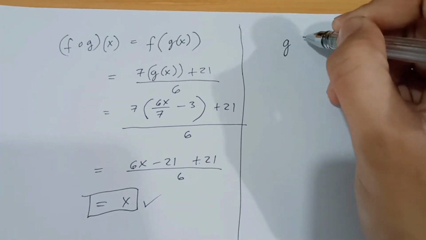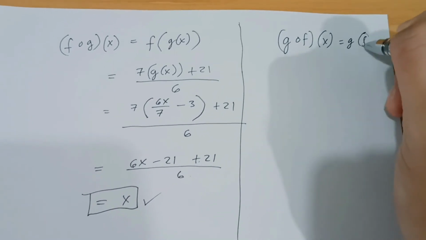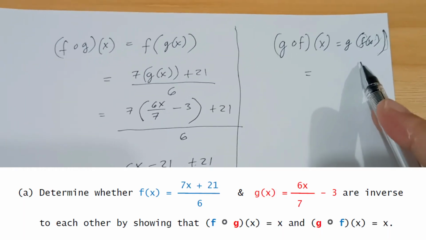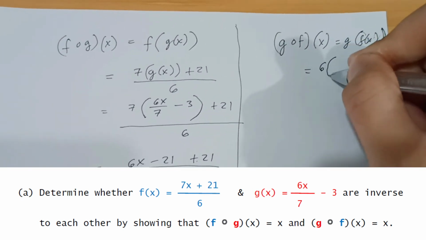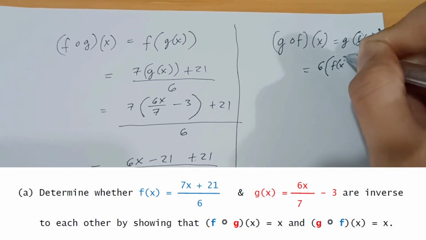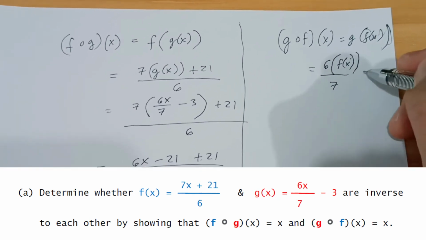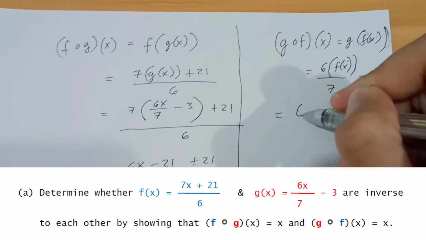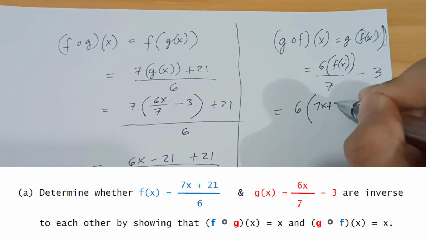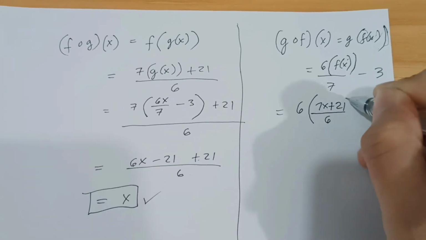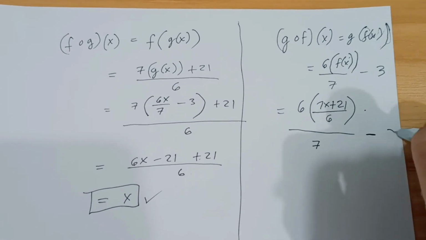Last naman is yung g circle f of x, equal siya sa g of f of x. Copy natin yung buong g of x. Tapos palitan natin yung x ng f of x. Ayan, magiging ganyan siya: 6 times yung f of x natin, 7x plus 21 over 6, tapos over 7 pa dito, tapos minus 3 naman dito.